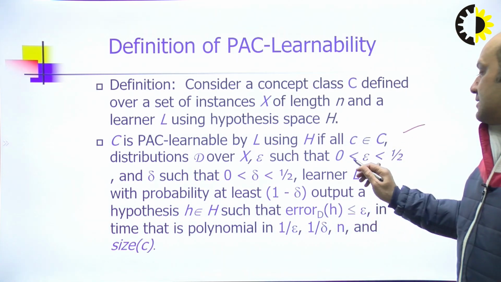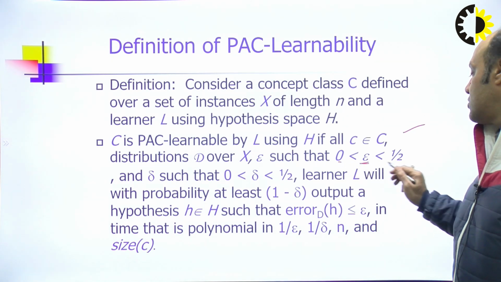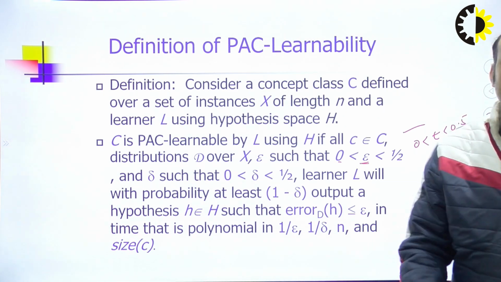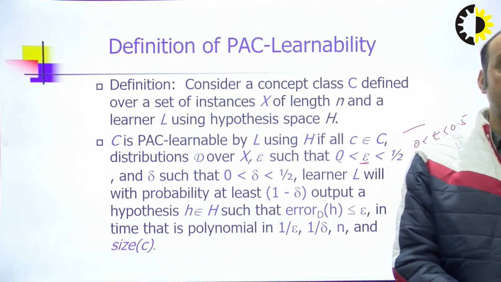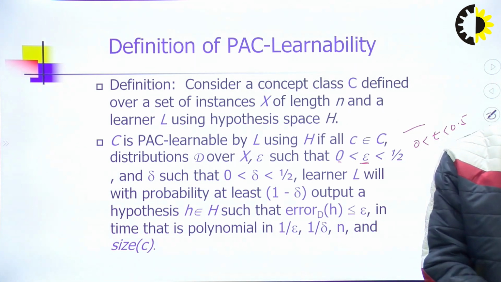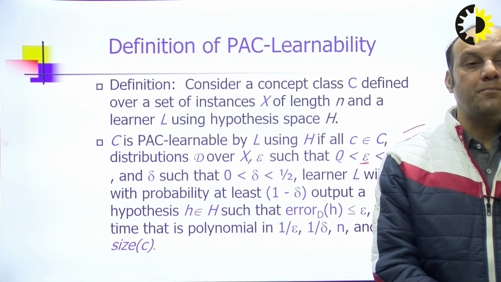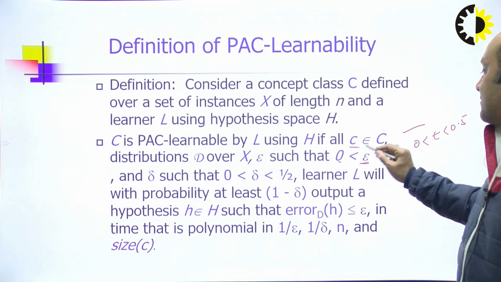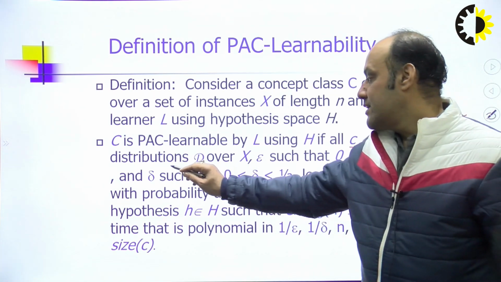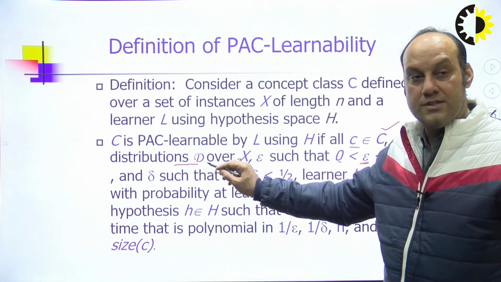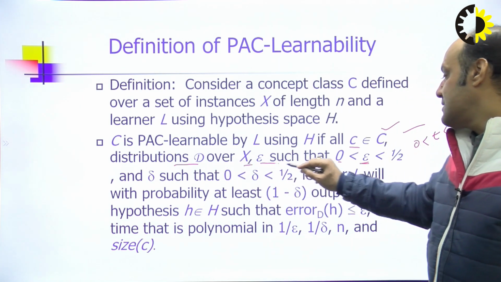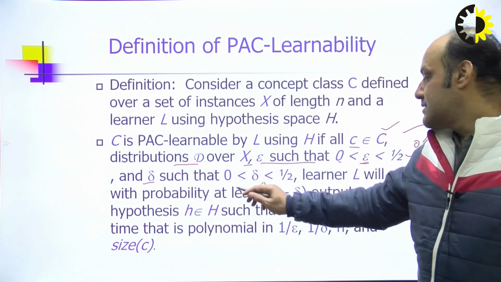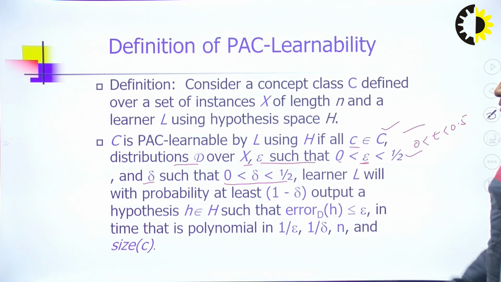The value of epsilon must lie from 0 to 0.5. Now consider a concept class C defined over a set of instances X of length n and a learner L using hypothesis space H. C is PAC learnable by L using H if for all c belonging to C, with instances distributed by a probability distribution D over X, and for epsilon and delta such that delta will lie from 0 to 1 by 2, it is also from 0 to 0.5.